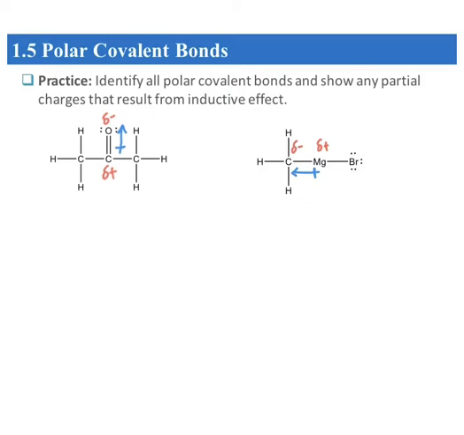In the magnesium-bromine bond, again, bromine is more electronegative than magnesium, so bromine would get the negative charge and magnesium would get the positive charge. Therefore, magnesium will be even more positive than before, so it would get a larger partial positive charge, and the arrow should be towards bromine.